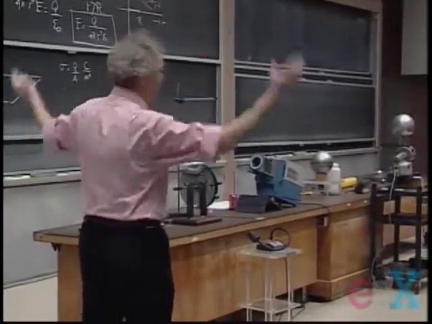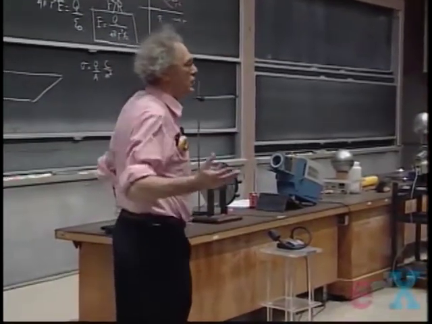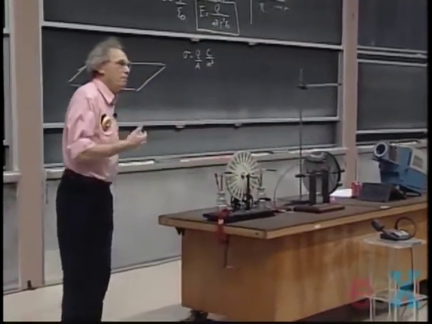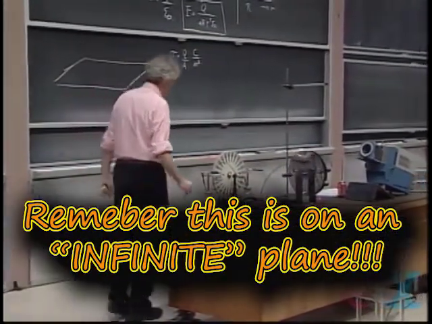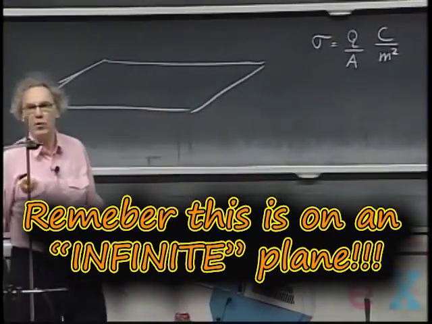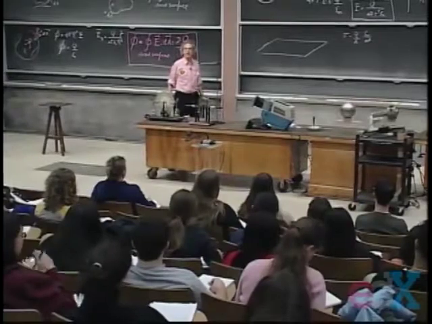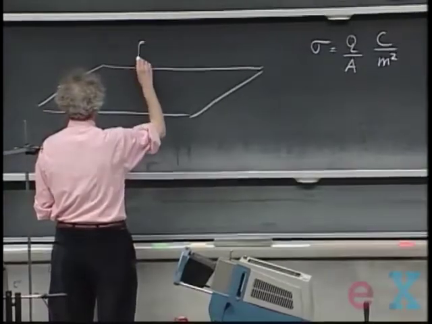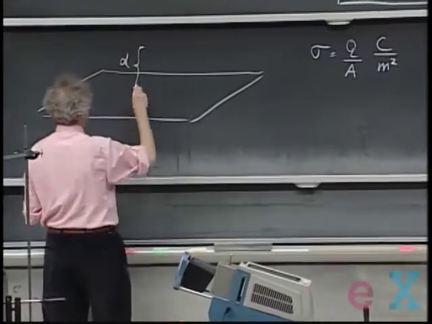If you would choose a sphere as a Gauss surface, you're dead in the water, you get nowhere, because there's no spherical symmetry. I will define for you that Gauss surface, but I want you to work out at home how you get the electric field. Suppose I want to know what the electric field is at a distance d above the plane.